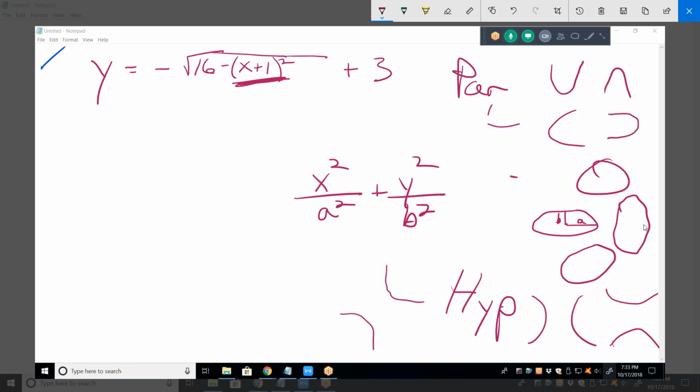Instead of equaling r squared, it's equal to 1. And depending on whether it's horizontal or vertical, A is bigger than B, or A squared is under the y term, whatever.